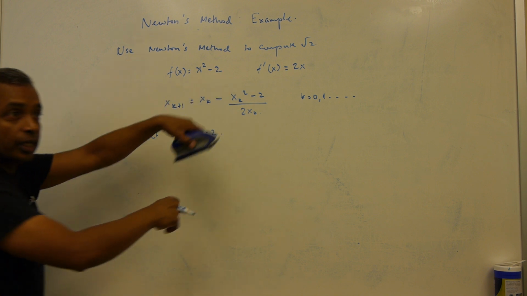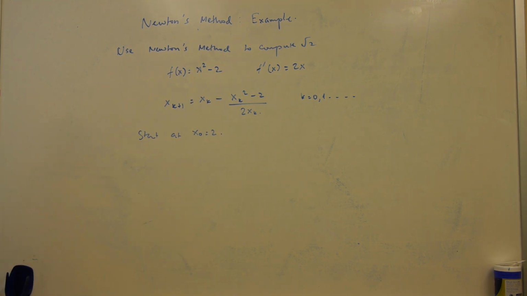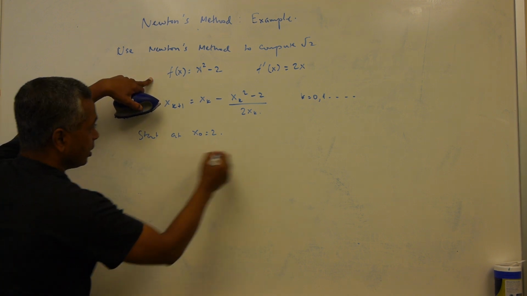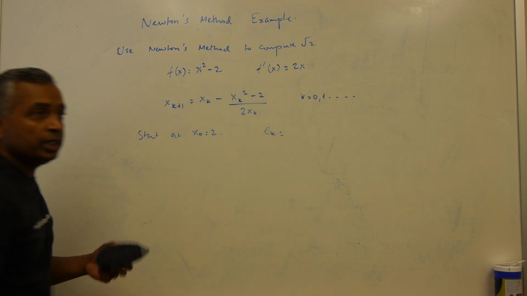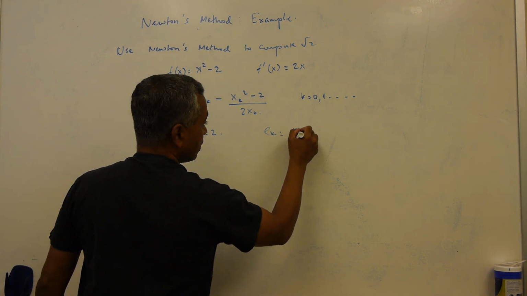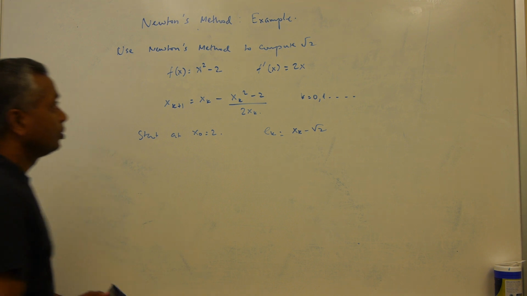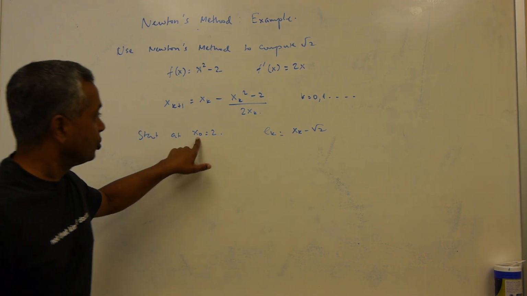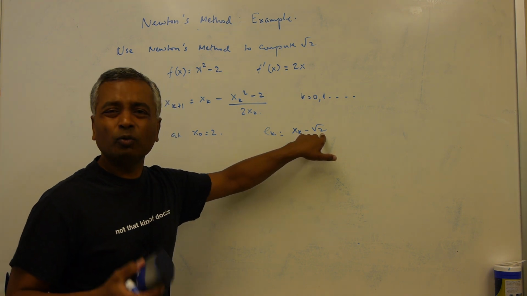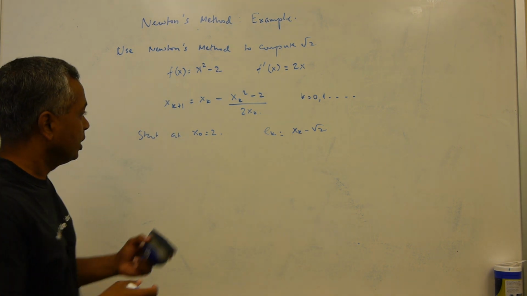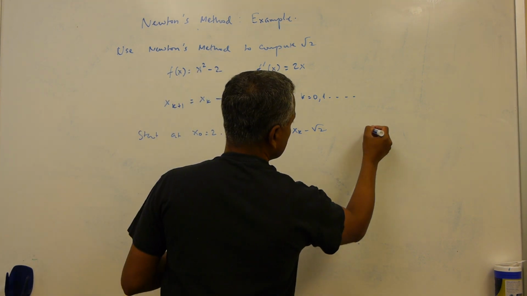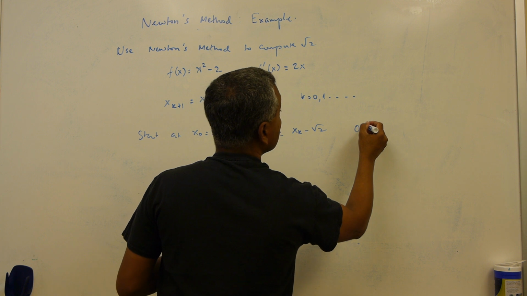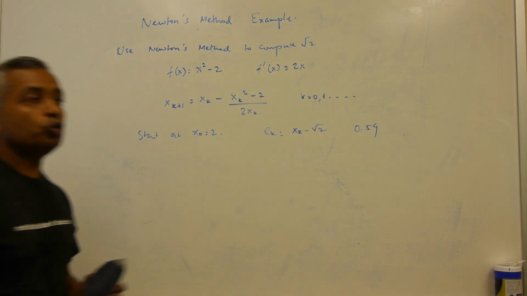In this particular case, I'm going to define ek as xk minus root 2. Okay, so in this particular case, what is xk? Root 2 is roughly 1.41. So in this particular case, this is the error, 0.59. Okay, that's 2 minus 1.41.